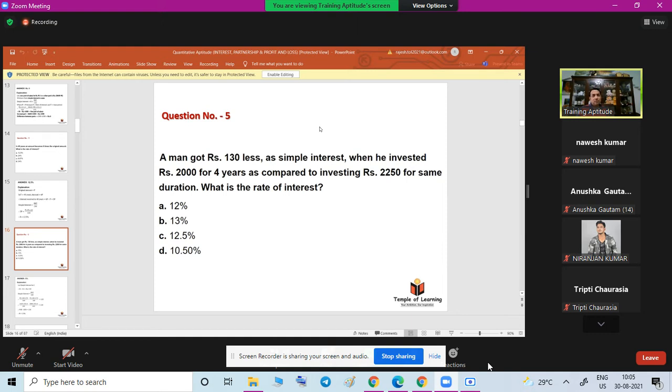And 2250 for 4 years, I earn 90 rupees. I find that the difference between the two is 10 rupees. But in reality, it is 130, 13 times. So rate of interest is 13 times. It is 13%. Did you follow what I said?